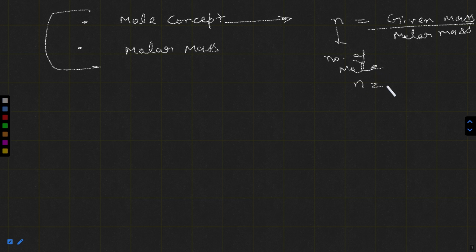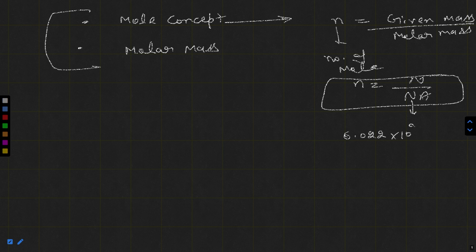If you are given particles, then n is equal to N divided by Na, where N is the number of given particles and Na is the Avogadro number, having value 6.022 into 10 raised to the power 23. It can be any entity like molecule, ion, cation, anion, electron, proton, neutron, etc.